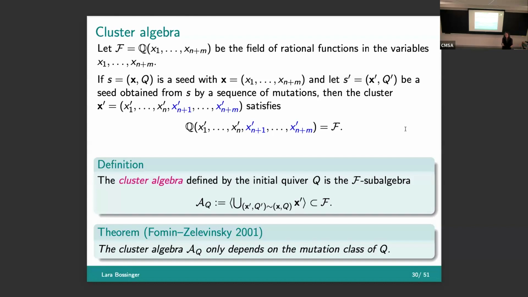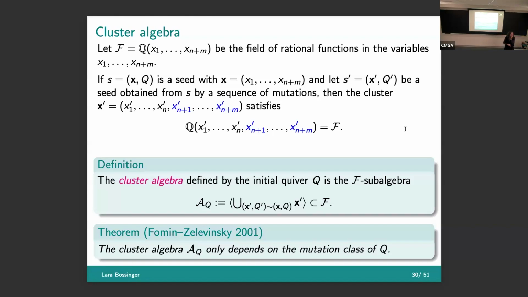If you do it once, yes, okay, we can check it by hand. But if we keep repeating the mutation procedure, we get more and more complicated rational expressions. And so this result says that it doesn't matter how many mutations you do, if you take this collection of elements in your field, they will be algebraically independent.